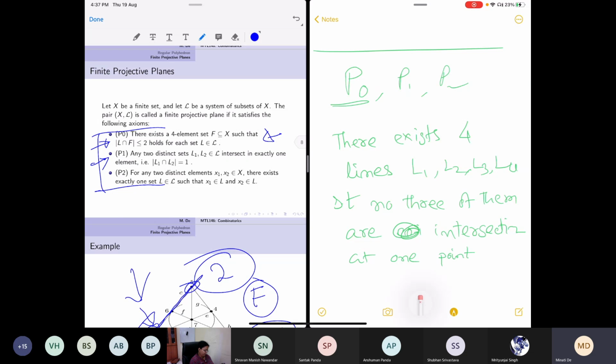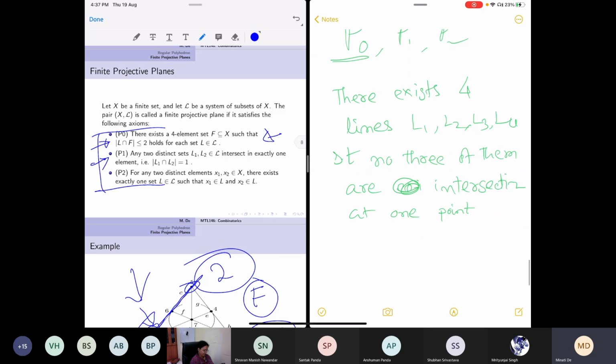So you will be able to find, in other words, you need to show that you will be able to find 4 lines in the original finite positive plane such that no 3 of them are intersecting at one common point. If that is true, then automatically you can consider those lines to be your 4 points in the dual.